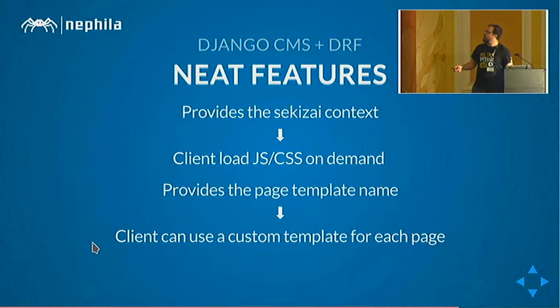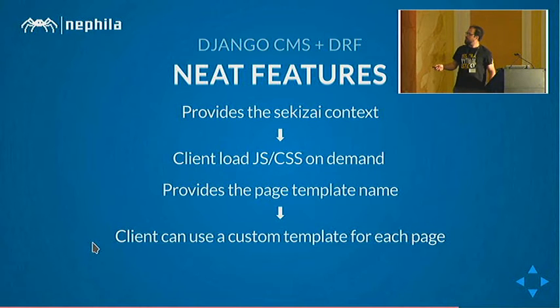This is very easy to implement in the normal HTML template rendering flow, but it's not that easy to discover this from the plugin template and provide it to an external client. But this API already does this, so you can dynamically load CSS and JavaScript as you load the content of the different pages.